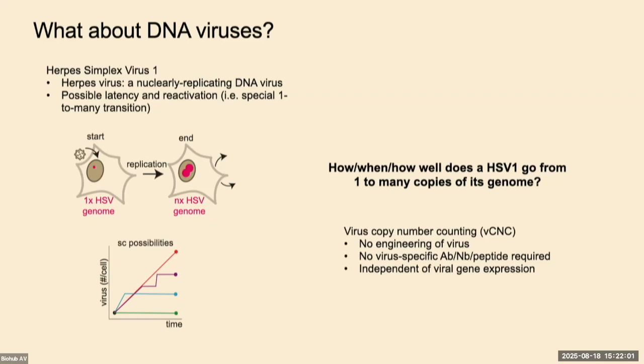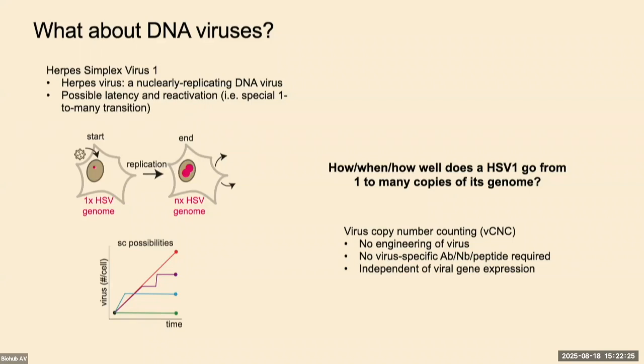And learning from our past experiences, I wanted to make a couple of improvements. So first of all, even though Virim has been a very powerful tool, it requires engineering of the virus, which really limits the applicability towards other viruses. Secondly, the next generations of Virim were based on generating antibodies, nanobodies, or peptides that specifically target viral ribonucleoproteins. And I also didn't want to have to do that for any next virus that I wanted to study.